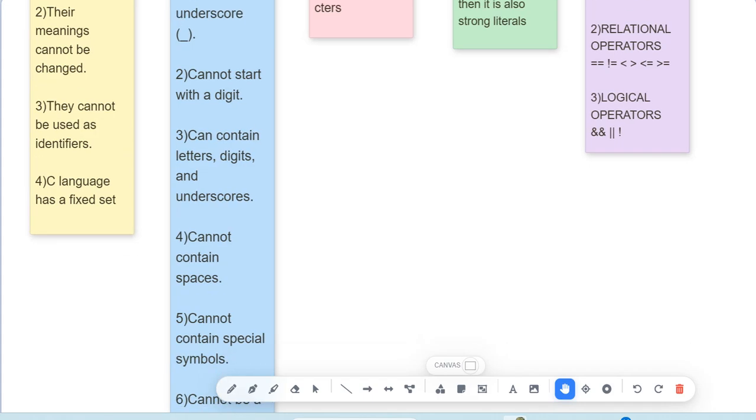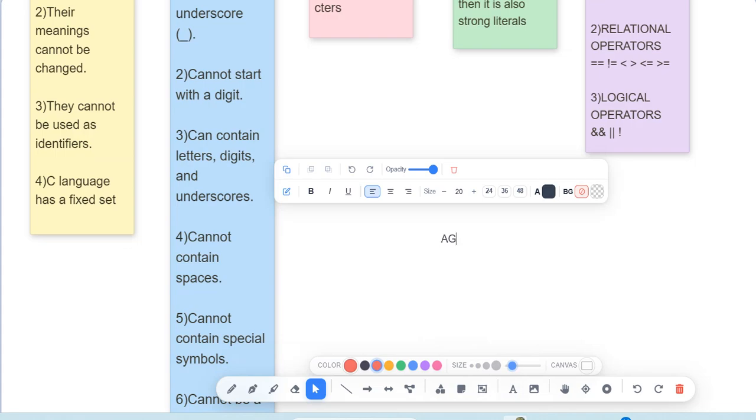You should not give any space. If you write something like total age, you can write it without giving any space. If you give any space between them, it will not be accepted by the compiler. We should not give any spaces.